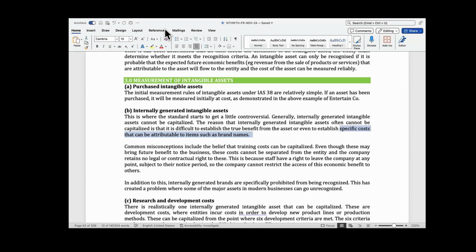You do see it recognized, so I've also seen it. I am an auditor, so when I see such, I write it off immediately. The explanation is always that somebody paid a certain amount of money to them to buy maybe some shares.